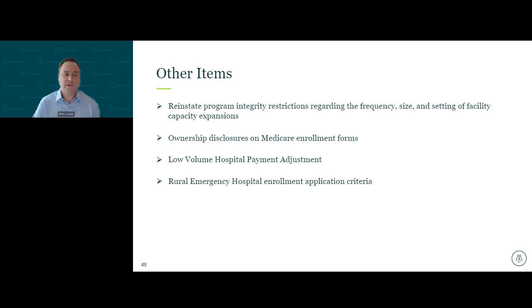The reintroduction of the restatement of the low volume hospital payment adjustment is included here, and they have revised the enrollment application criteria for a rural emergency hospital, which, as I said earlier, we're still at numbers below 10 that are finalized there, but they're expecting that to continue to expand.